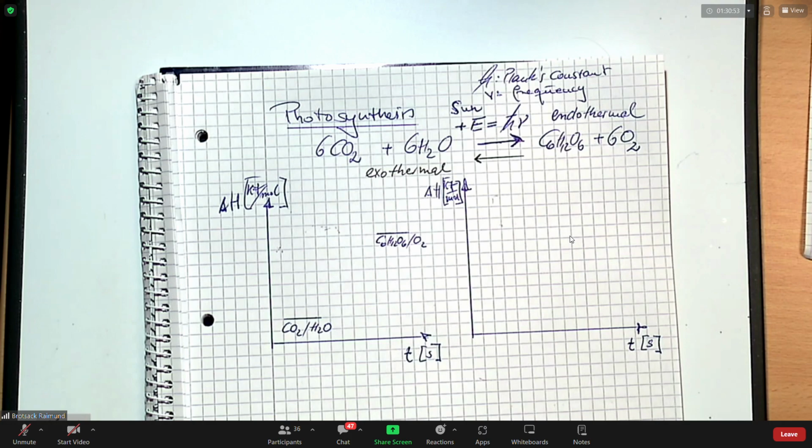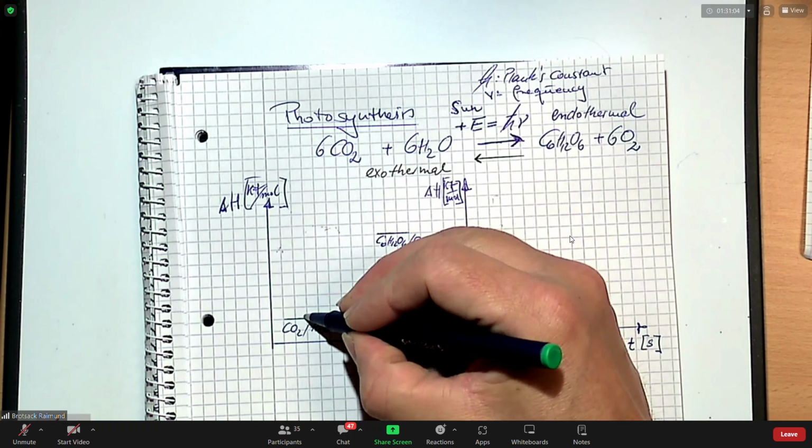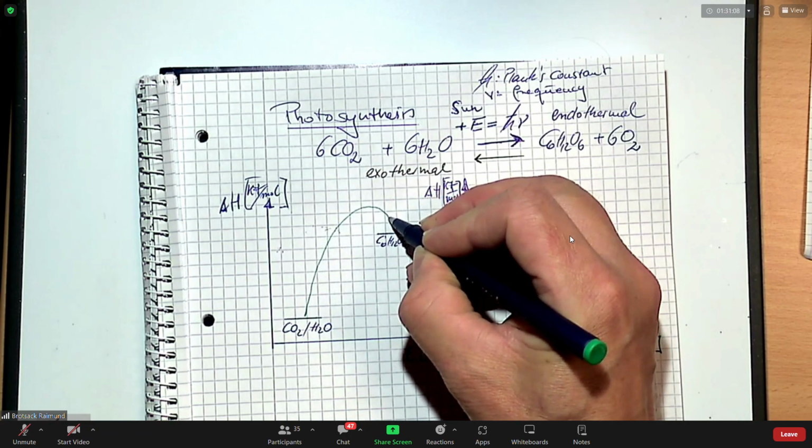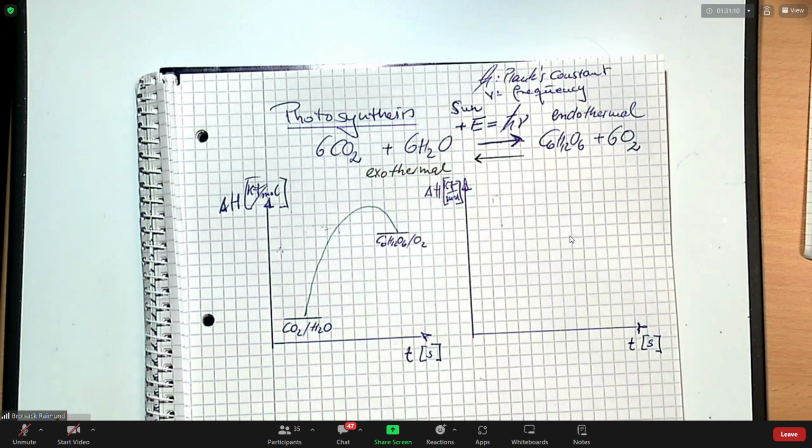So we have to create a chain of 6 C atoms, the C6 molecule, but that needs energy, and this is the investment in the photosynthetic reaction, and it goes like this.